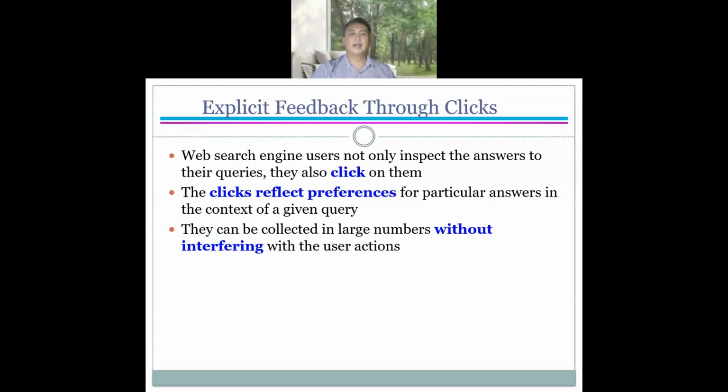There can be a large number of these collected without interfering with the user's action, which means that the user will not know that we can capture the click activity of the user. Okay, so we capture based on the log.